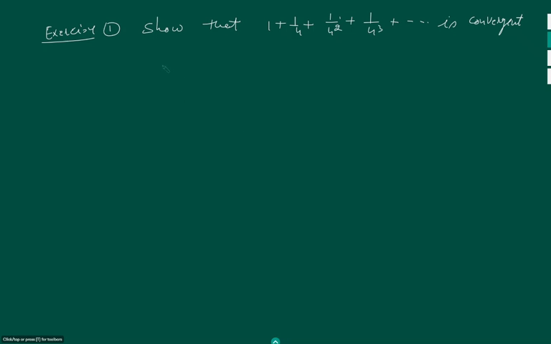To show a series is convergent, we have to show that its sequence of partial sums is convergent.